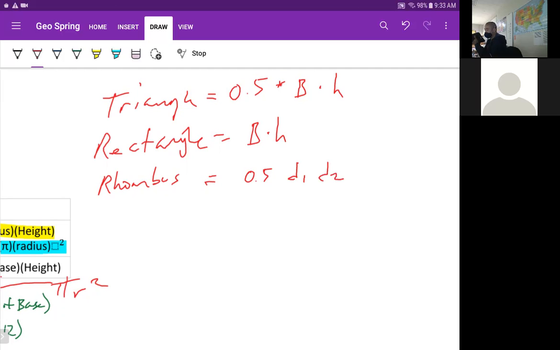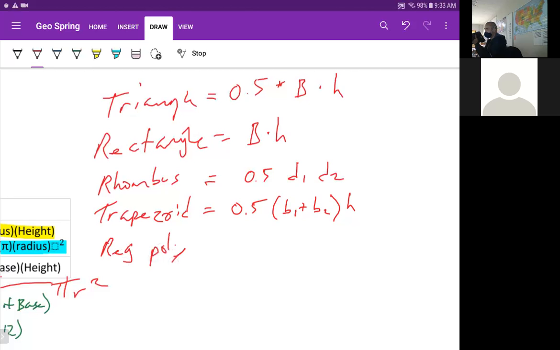Trapezoid. I think there is a trapezoid somewhere on one of your assignments. It's 1/2 times b1 plus b2 times h. And then you also can have a regular polygon, something like a hexagon or pentagon.